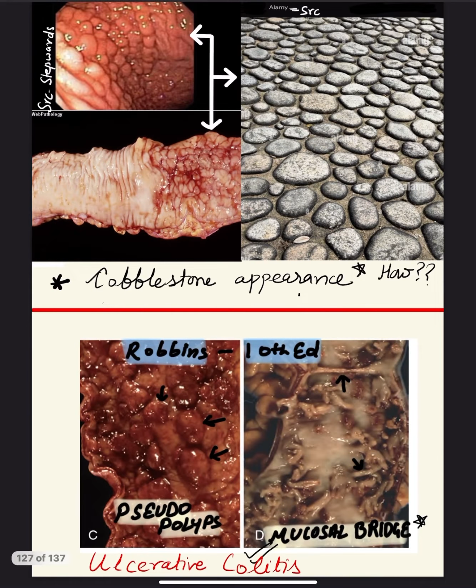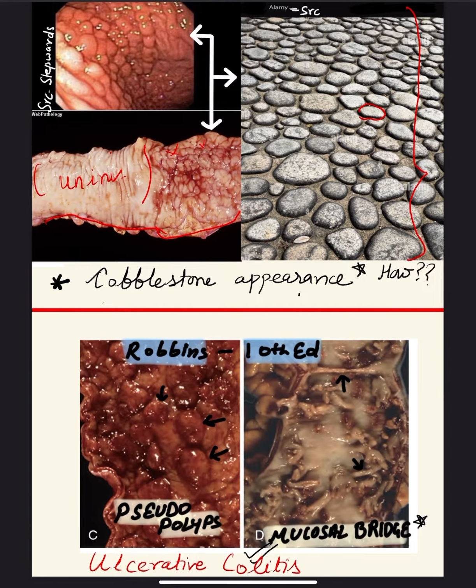So how does the cobblestone look? This is the cobblestone pathway, and cobblestone means there are stones and depressions in between. Similarly in Crohn's disease, this is the intestine, the gut. We know that in Crohn's disease there are skip lesions, meaning this area is uninvolved and this area is involved.